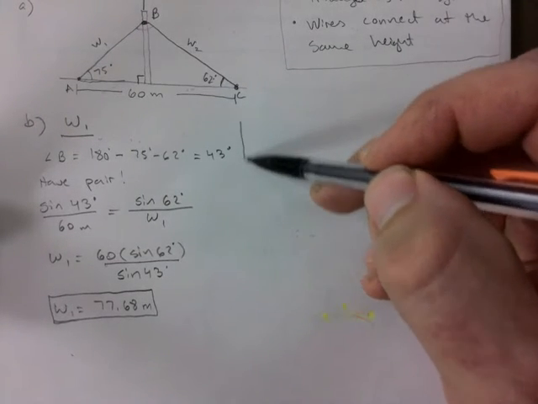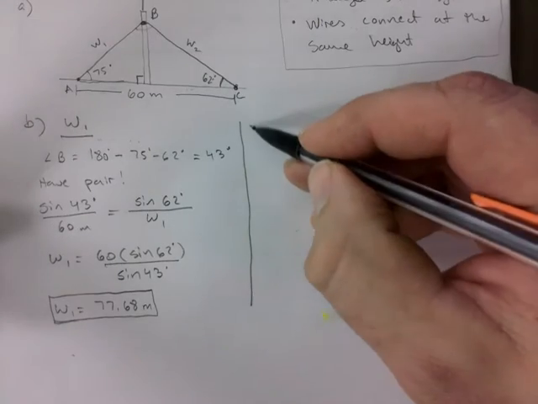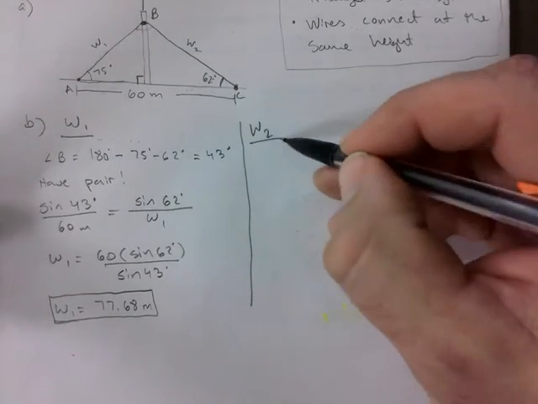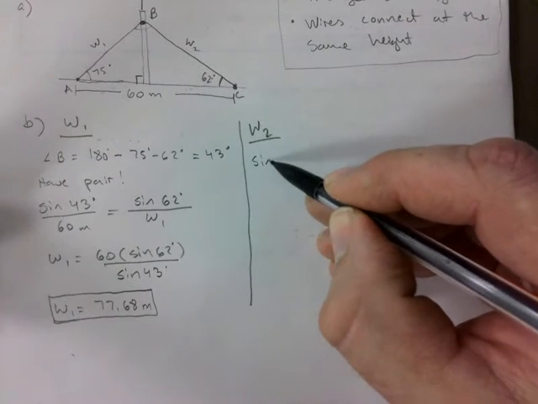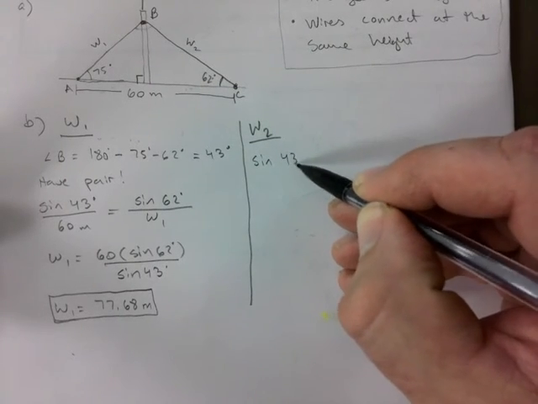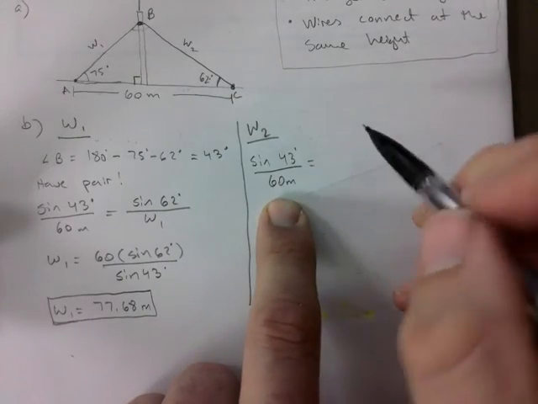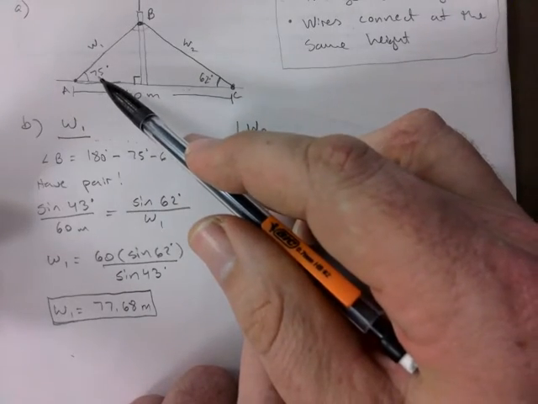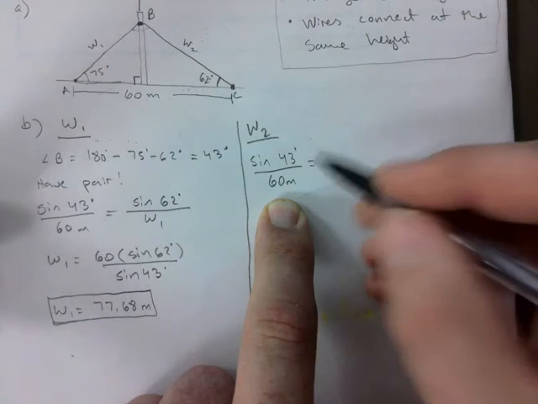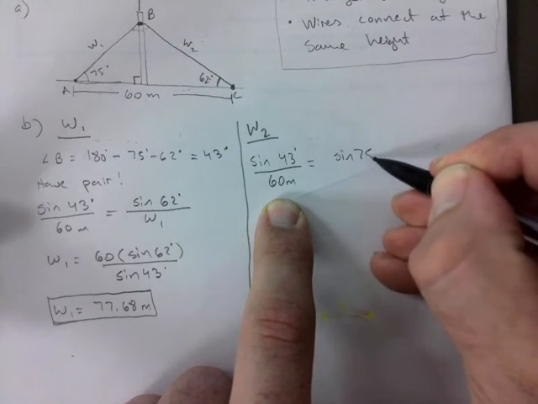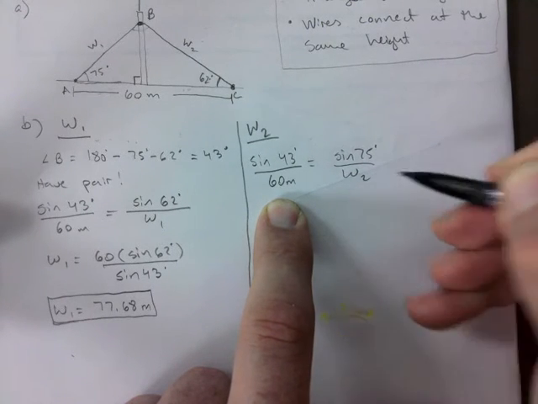Okay. Wire 2. I'm going to start with the same pair. Sine of 43 over 60 meters. Except this time, I'm going to use 75 to find that one, right? So sine of 75 over W2.